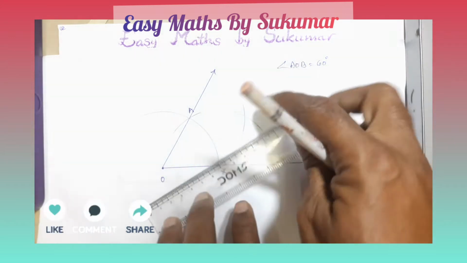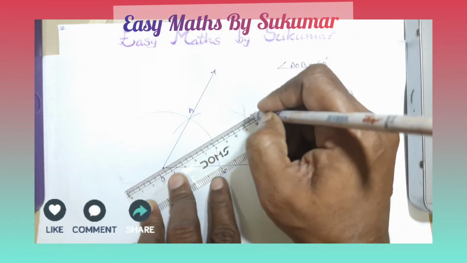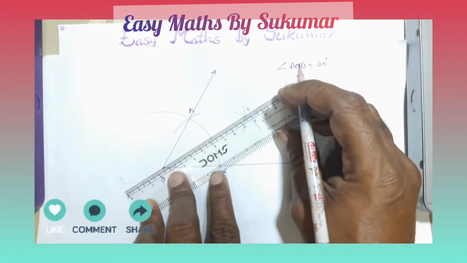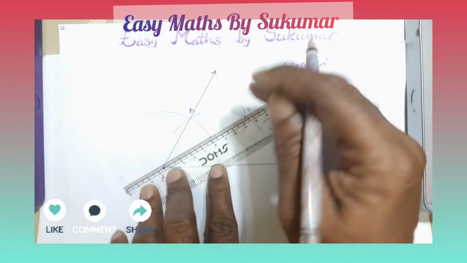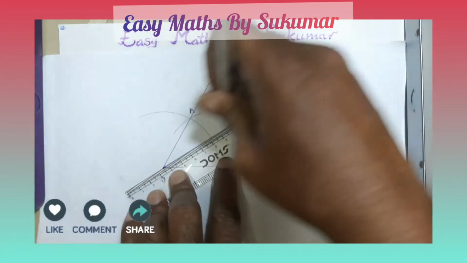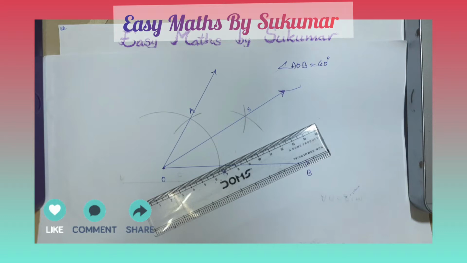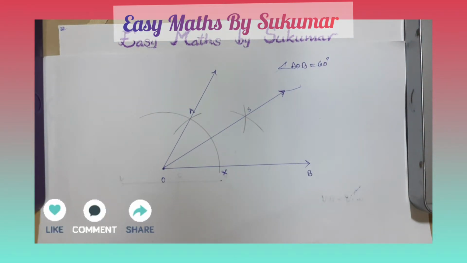Now just join this O and this point. Let it be some S. Just join this OS. So this OS is called the bisector. This OS is the bisector of angle AOB.